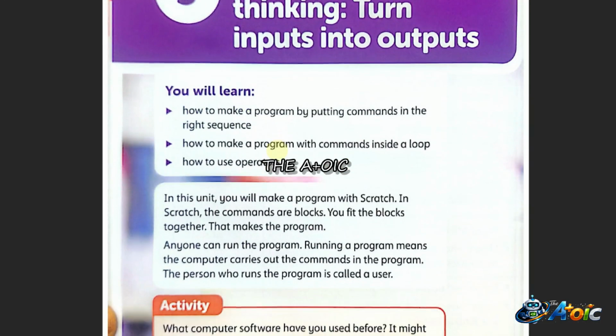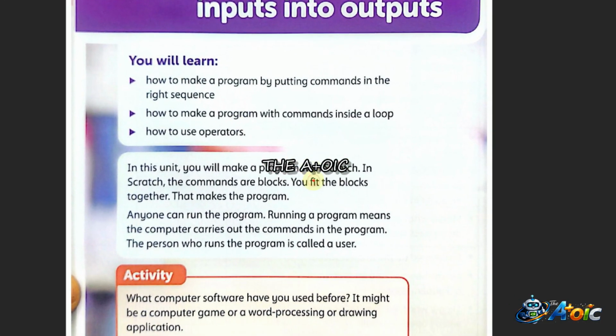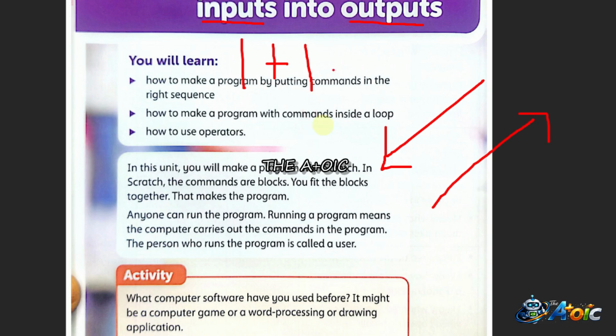Okay, so let's continue. I've mentioned input, I've mentioned output. Input is whatever is going into the computer. Output is what is coming out of the computer. So if I give you 1 plus 1, it is equal to 2. The 1 and 1 are going to be the input.